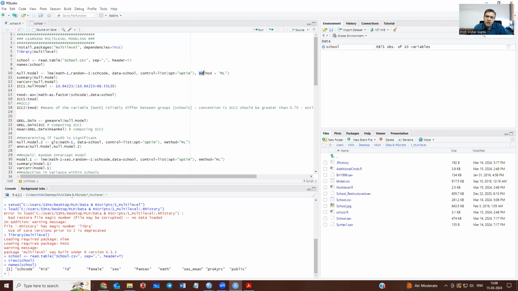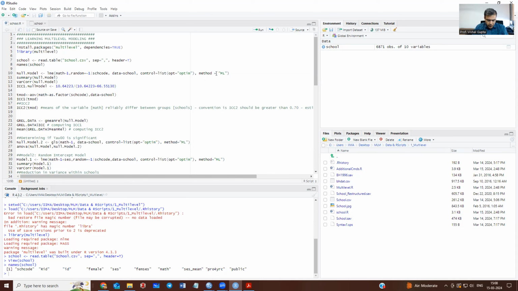So if we want to compare models, then maximum likelihood should be the estimation function. So I have rewritten the complete R script, just to show you how right from the beginning we will also add this switch every time we run a model, and that is method is equal to ML, which stands for maximum likelihood.